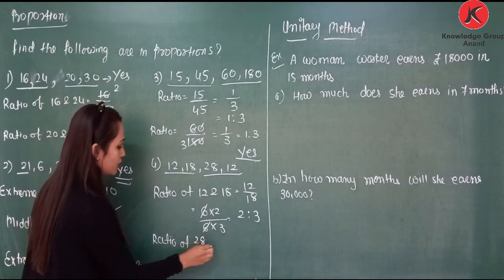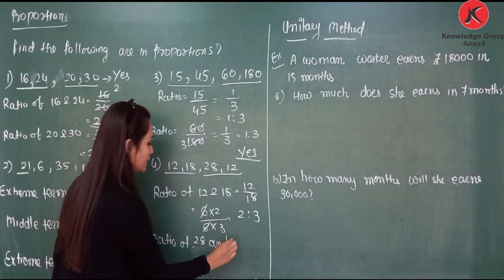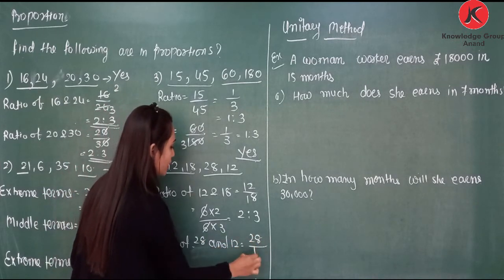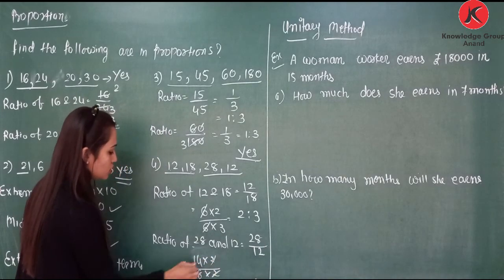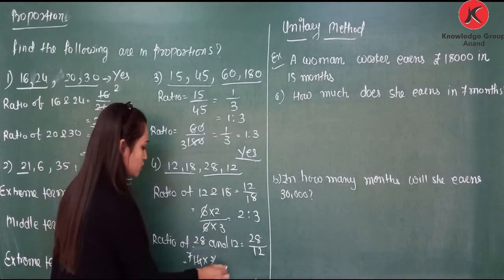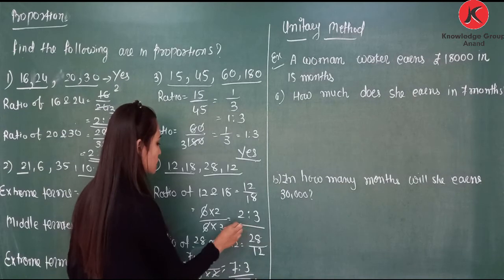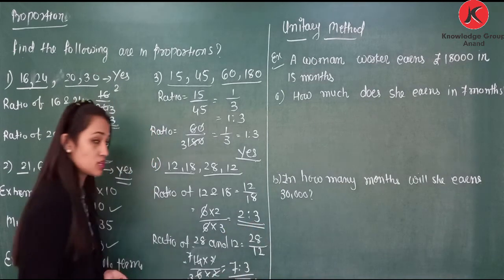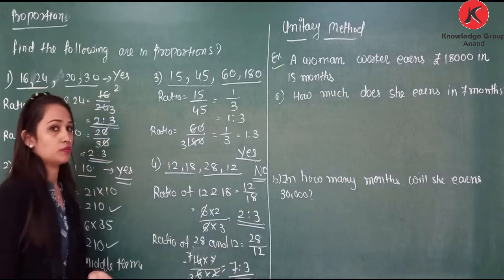Ratio of 28 and 12, so that is 28 by 12. 6 2s are 12, 7 2s are 14, so it is 7:3. Now here the first ratio is 2:3, the second ratio is 7:3. So no, these are not in a proportion.